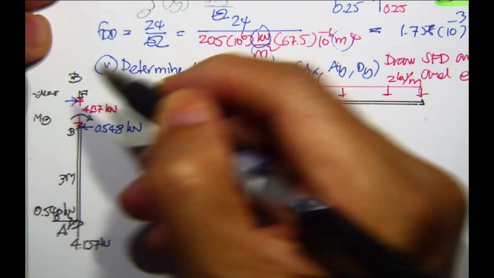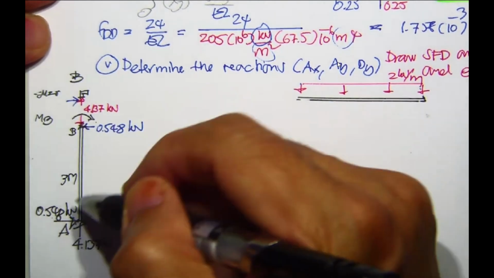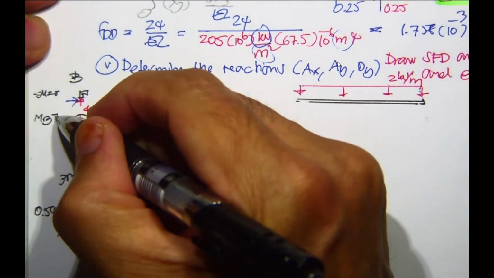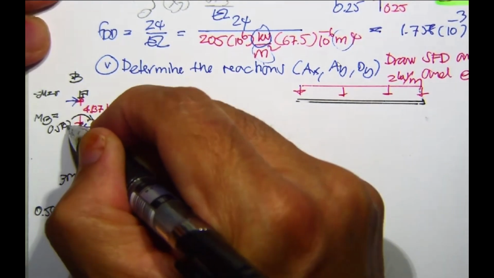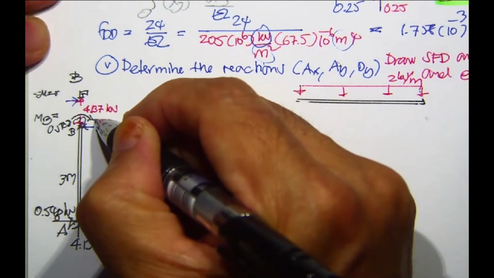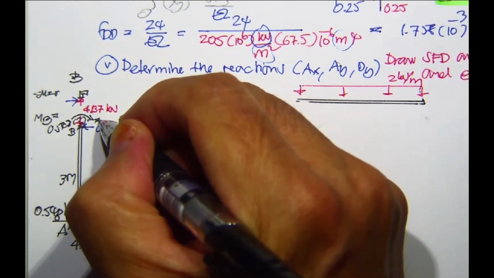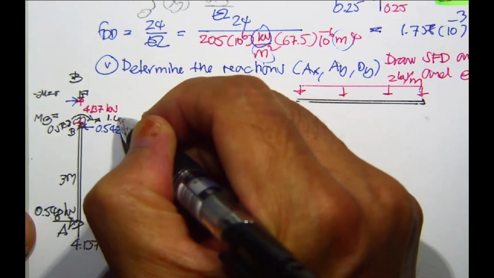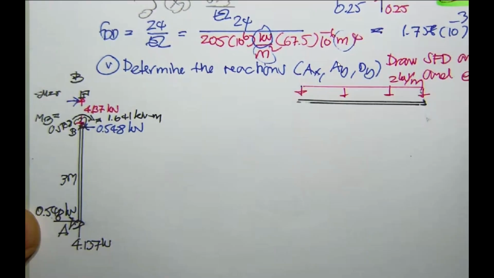Summation of the moment equal to 0, M sub B in this direction equal to 0.548 times 3. So you will have the moment over here to be 1.641 kilonewton meter.